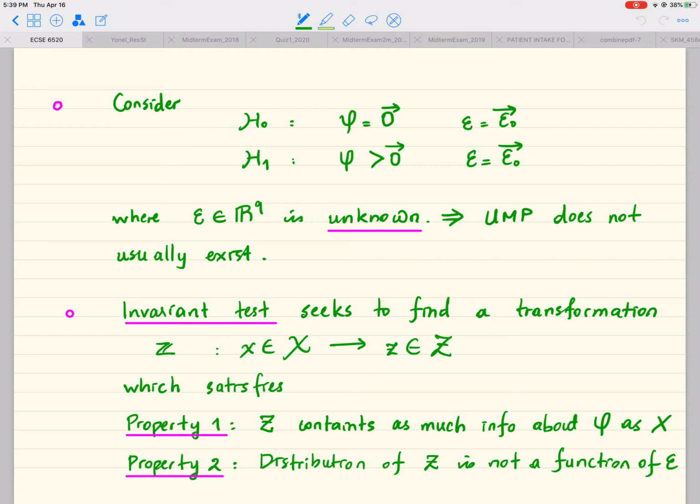Now, we can invoke the invariance principle, and of course it does not mean that we will be able to use this principle always, but nevertheless we are looking for a function z from our sample space X to another space Z, such that this mapping Z contains as much information about phi, which we want to determine, as the X itself, and that the distribution of Z does not depend on the unknown parameter epsilon.